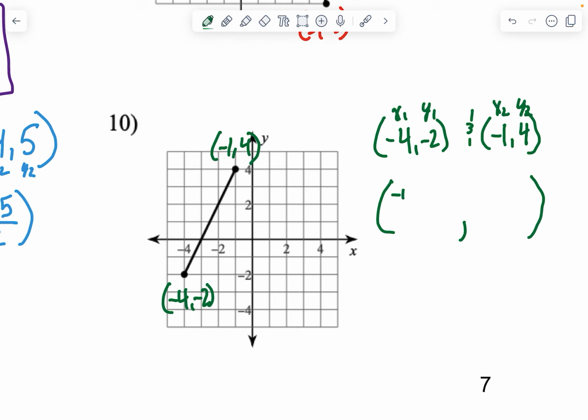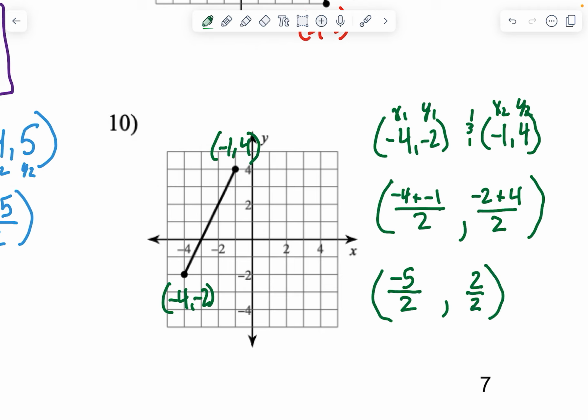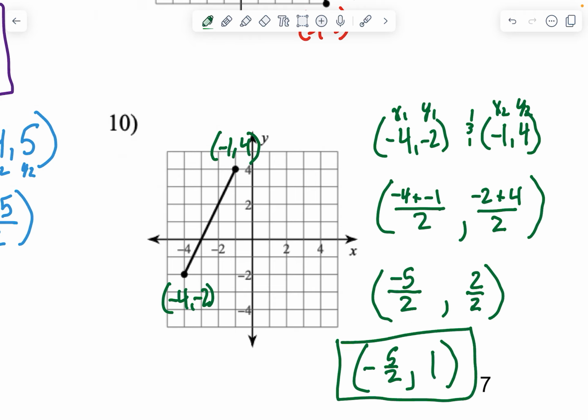So I'm going to do -4 plus -1 over 2, and then I'm going to do -2 plus 4 over 2. This leaves me with -5 over 2, 2 over 2. So the -5 over 2 I can just leave as that, but then the 2 over 2 I can write as 1. So there's my midpoint there. Now -5 over 2 is -2.5, so that's going to take me over there on the x-axis and then go up 1. That's that point right there. Sweet, I feel pretty good about that.